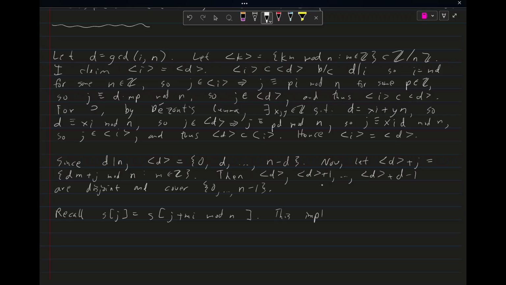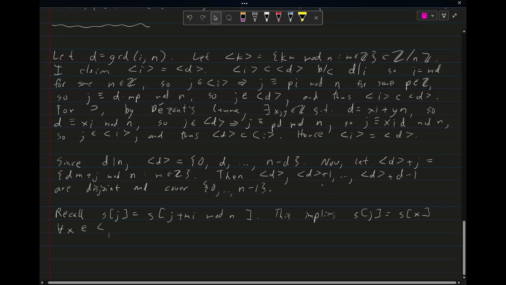This implies that Sj equals Sx for any x in... no, sorry, different notation.